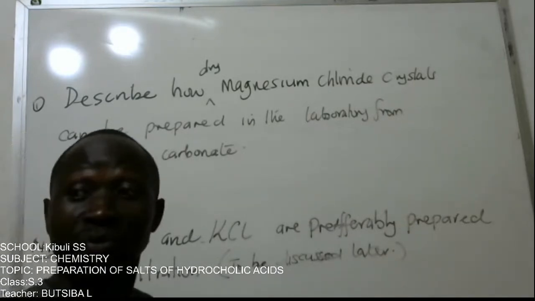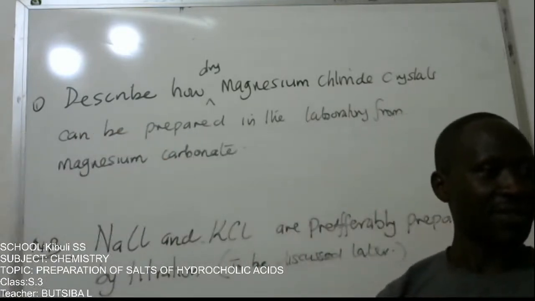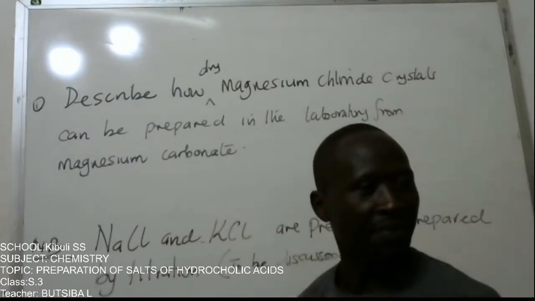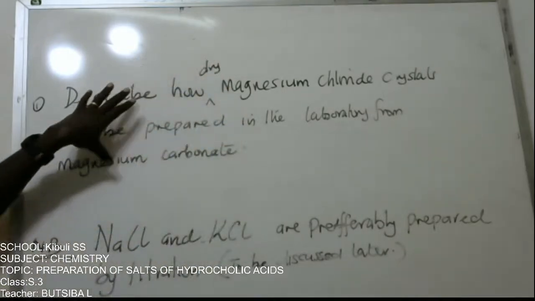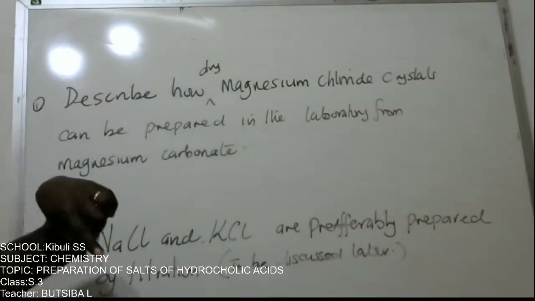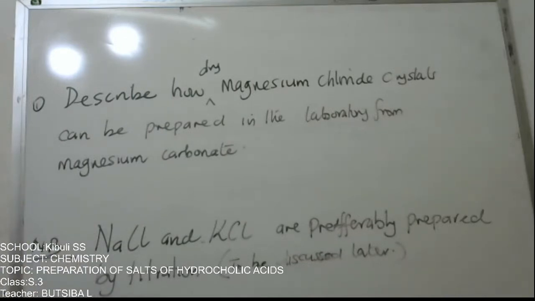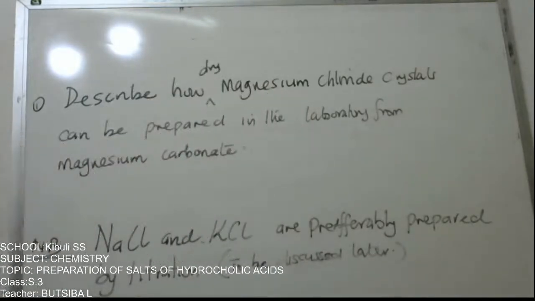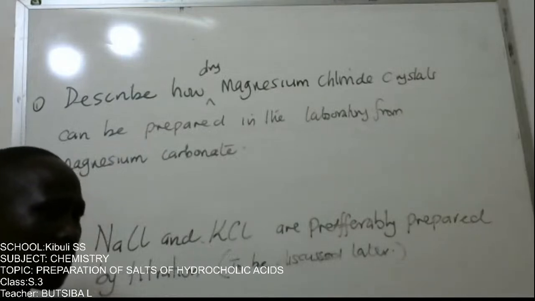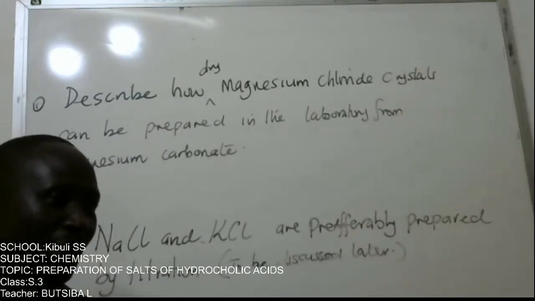I need to introduce volumetric analysis. You will understand me. When it comes to volumetric analysis, I'll take you back and say this is a method of preparing sodium chloride. But in most cases, what we're interested in is the other salts, which you can prepare from a metal oxide, a metal hydroxide, and a metal carbonate. This one calls for titration, which is a subtopic of its own, because here I'll be talking to myself.